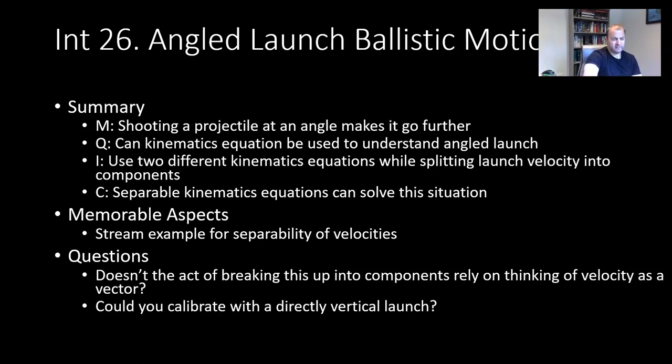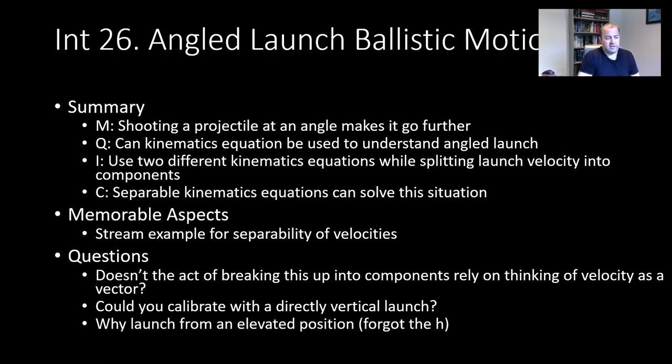Couldn't this be done with vertical launch? Couldn't you do this by measuring the height and or the time of the ball to land if you launched it directly vertically? I do think additionally this would negate the need to launch from an elevated position, and thus would make the problem a little bit simpler.